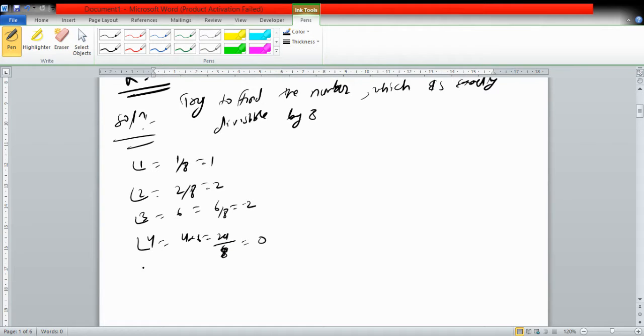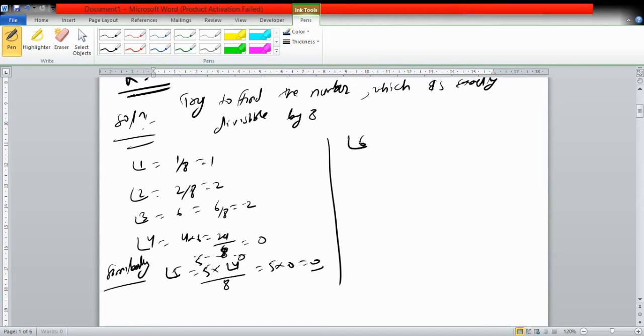And in all the numbers, like factorial 5 which I can write as 5 into factorial 4, factorial 4 divided by 8 is 0 remainder, so 5 into 0 is 0 remainder. Factorial 6 also you can write as 6 into 5 into factorial 4 divided by 8. In all the numbers the factorial 4 is a multiple.